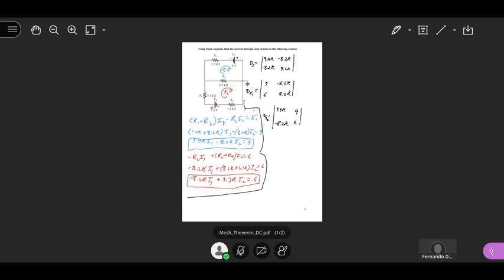So let's do the determinant of Ds first. The determinant of Ds will be equal to cross multiplication. So I'm just going to put this to remind you a little bit how it is.